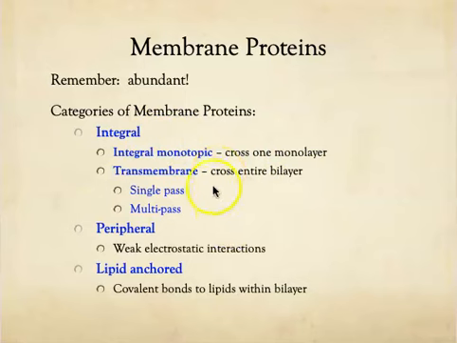Now we're going to add a little more detail here with these terms, because some membrane proteins will cross the membrane, again, the entire bilayer, one time. In other words, you'll see one passage across the bilayer with this protein.